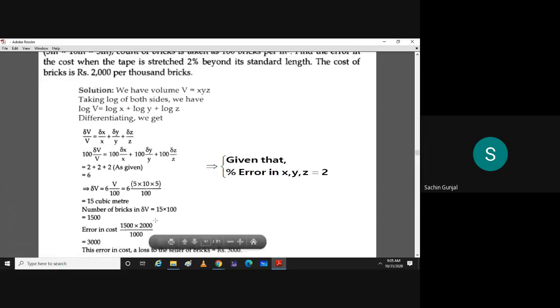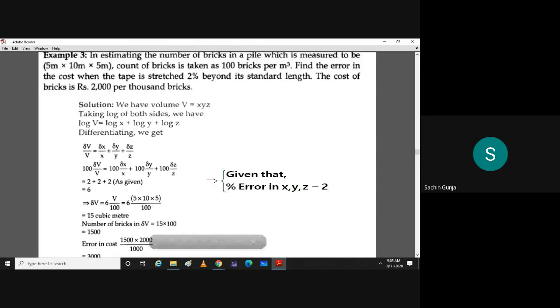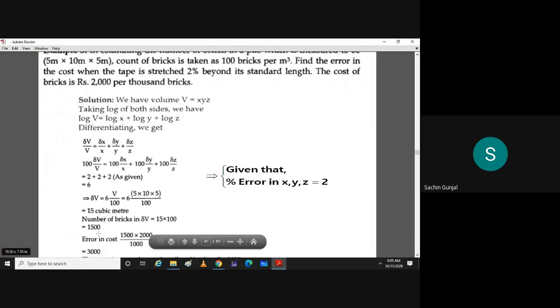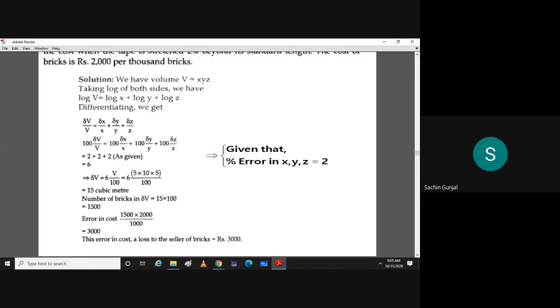So now number of bricks in delta V is equal to 15 into 100, because it is given that the count of bricks per meter cube is 100. So number of bricks in delta V is 1500. Therefore, error in the cost will be 1500 into 2000 upon 1000, which is 3000. So the loss to the seller of bricks is 3000. All right.